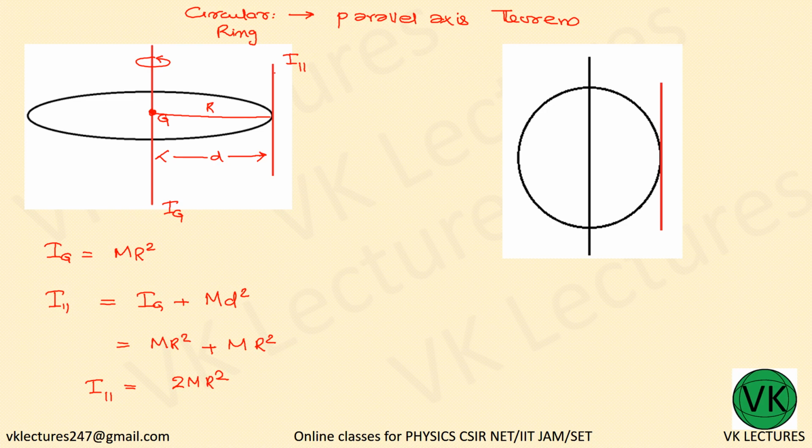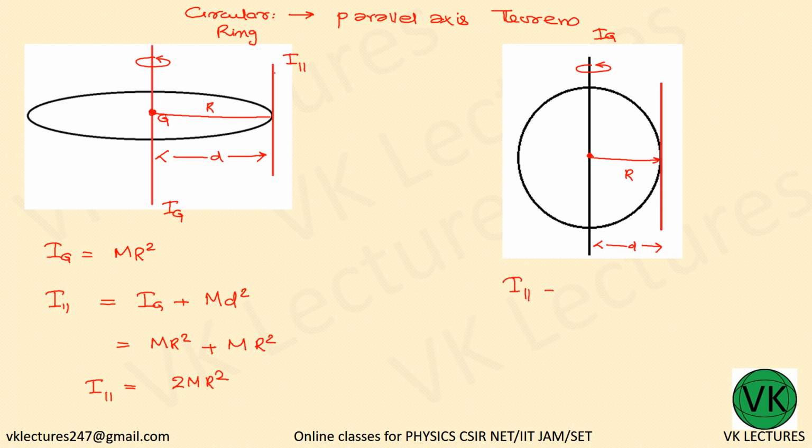Similarly, on the right we have the axis of rotation in this way along the diameter. So now this is IG, and at the very same distance, that is R, that is actually the d according to the parallel axis theorem.